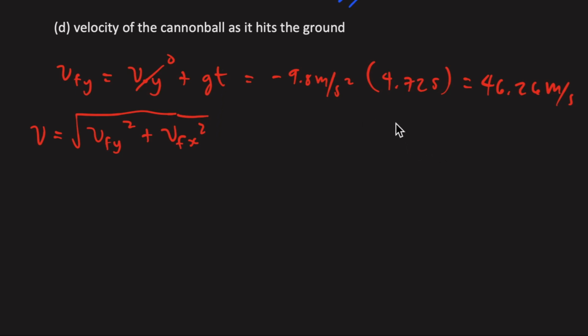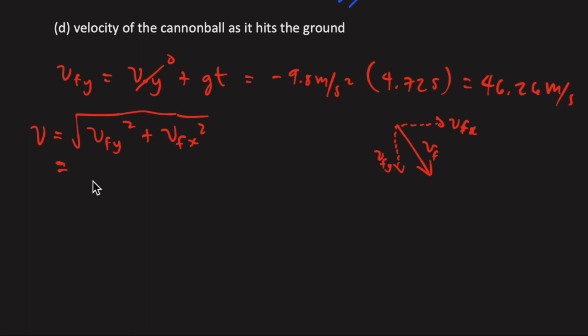Since we have this Vf, and it has two components, the y component and the x component, Vfx. To get this resultant velocity, we will just use the Pythagorean theorem.